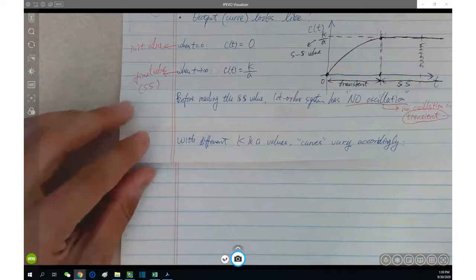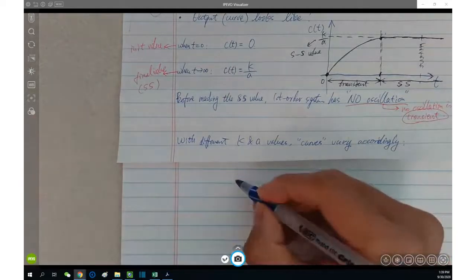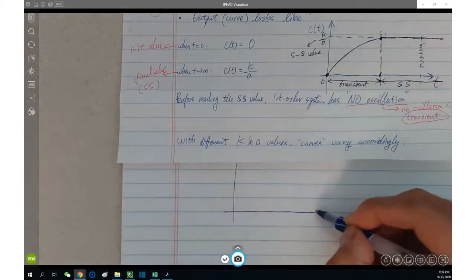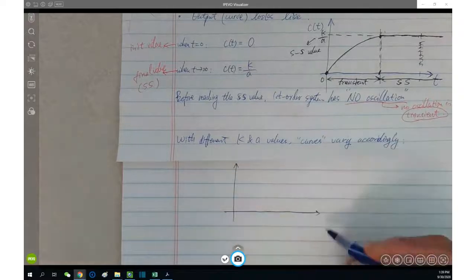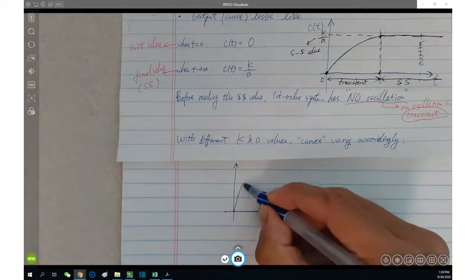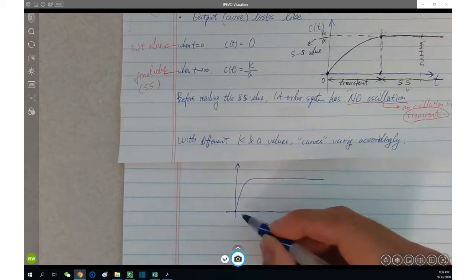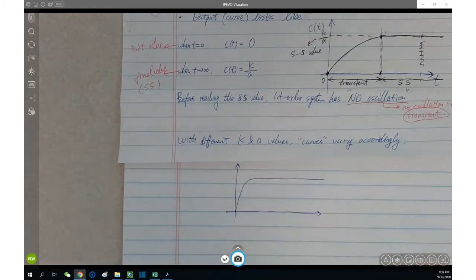How they vary? It's like this, okay? So roughly like this. You might have a steady state like this, and the transient like this. And you might have something like this.